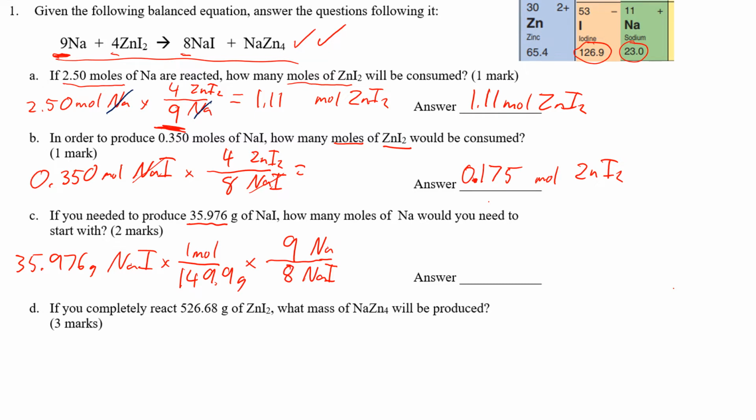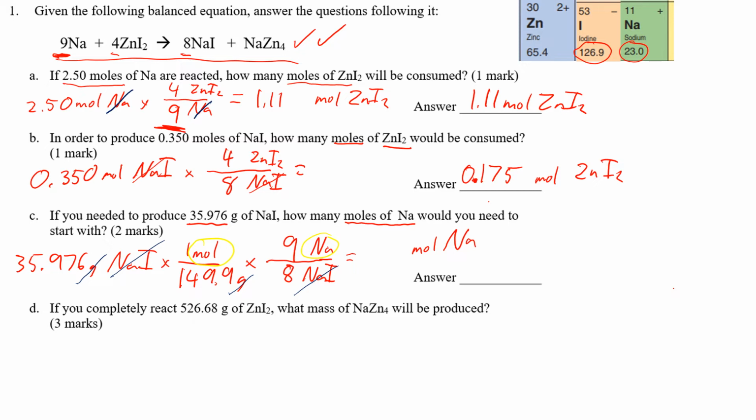And then for units, grams has canceled with grams, NaI has canceled with NaI, and now the only things that have not canceled are moles of sodium, Na. And that's what I want. I want moles of sodium.